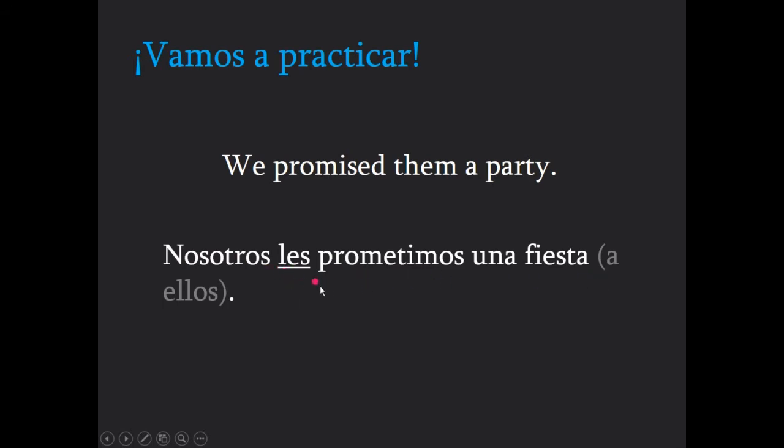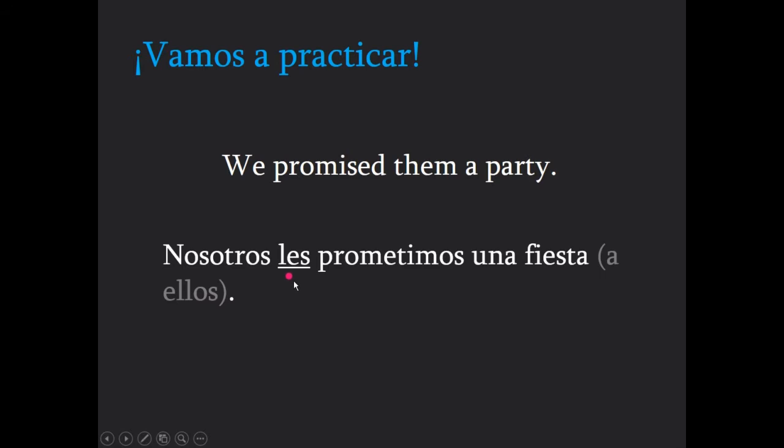Now, once again, les often has to be clarified because les could be, in this case, we promised them, and we know ellos. That is either all men or it's men and women. But if this were only females, meaning we promised them a party and there were only females, this would have to be a ellas.